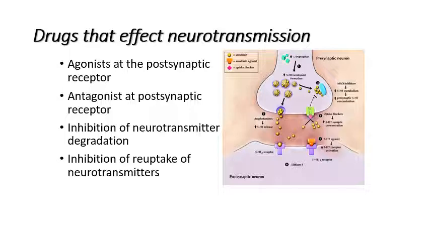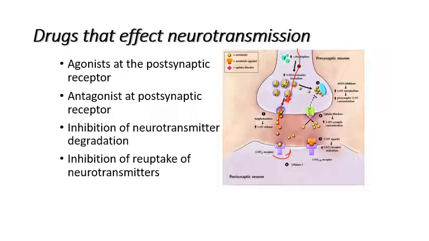We're going to use a serotonergic neuron for this case. Serotonin gets released and binds to its receptor. What might be some ways to influence this?